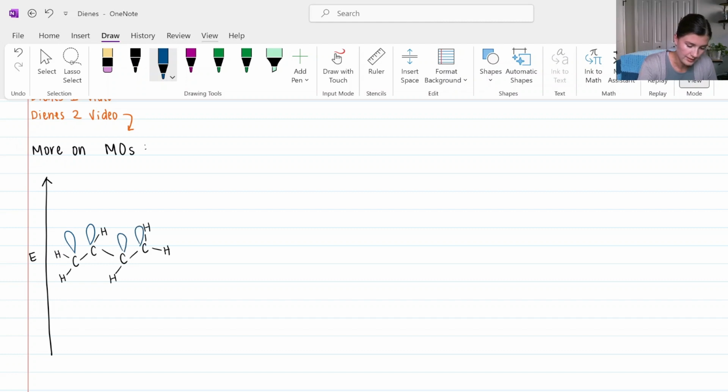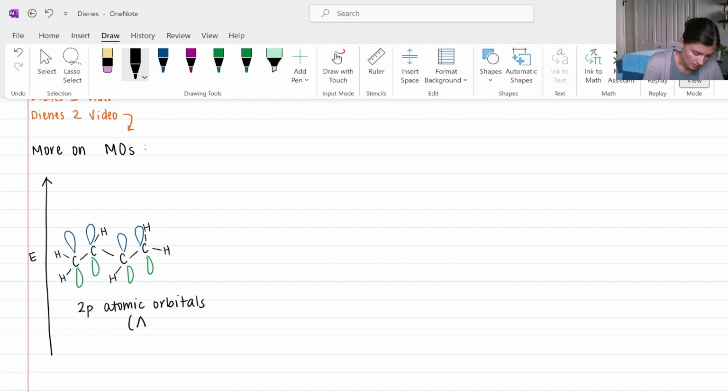So each carbon atom has an unhybridized p orbital. That is an atomic orbital. So we have 2p atomic orbitals. Atomic orbitals you can abbreviate as AOs.